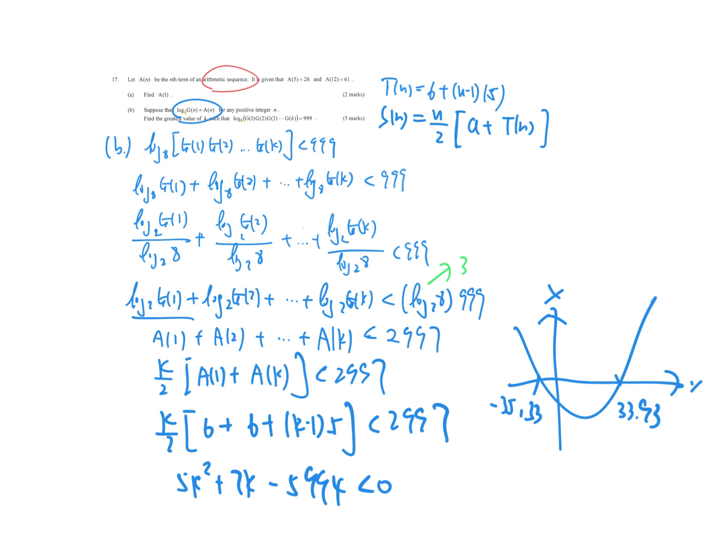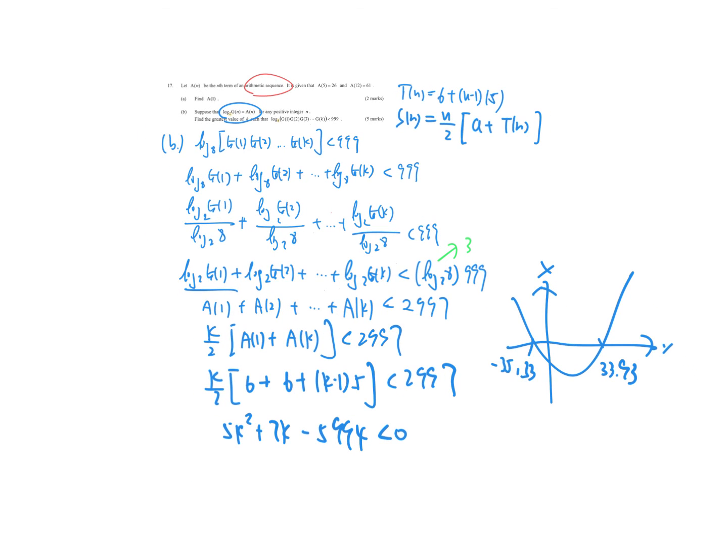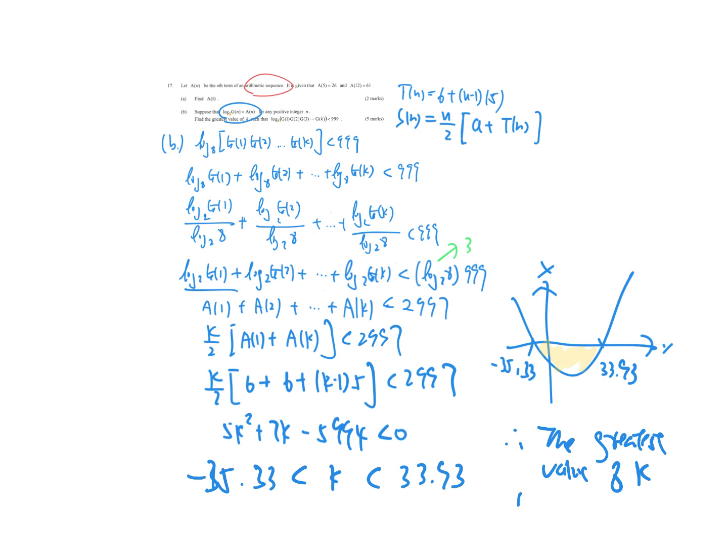So the range should be here because it is less than 0, and the inequality we have should be like this. Among this interval, the greatest value, that means the maximum value of k, is 33.